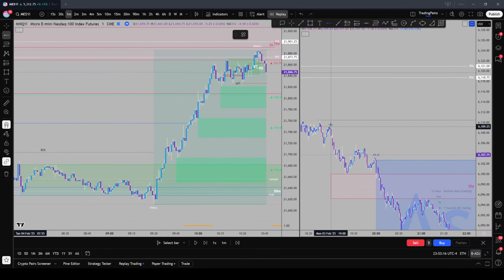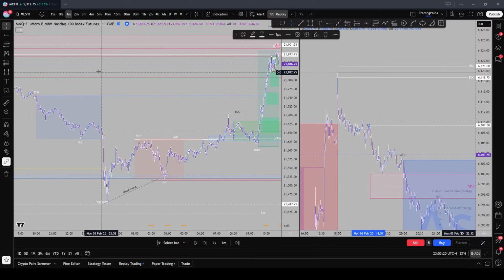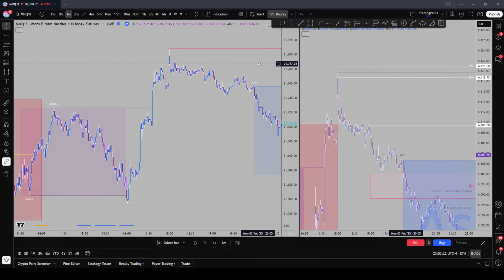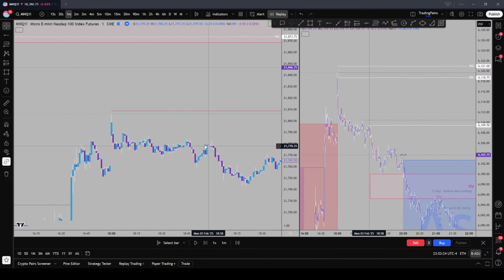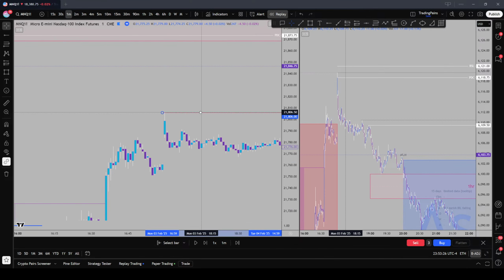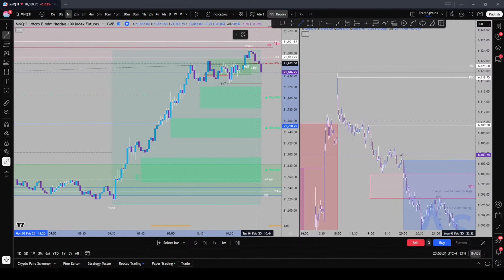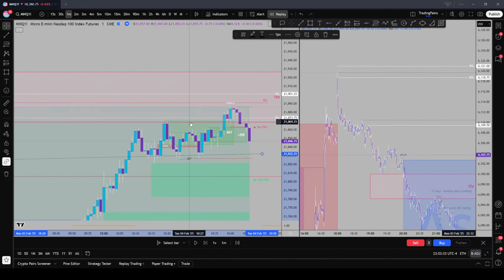It took out this. Did I miss something here? Did you take out anything else? Oh, it's lower. That's where you gotta have it cleaner. There we go, look at that. Yeah, so that would be another outside liquidity.